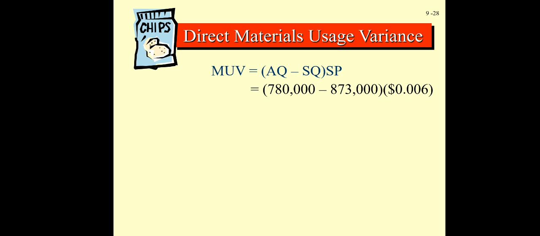Is this material quantity variance or material usage variance a favorable or unfavorable variance? Okay, we can see here the actual quantity is lower compared to the standard quantity. So the situation will be a favorable variance. Okay, so the results of the calculation is $558 favorable.